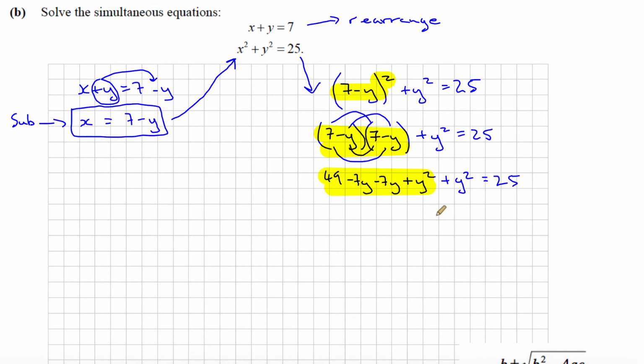So then when we tidy up, we can put the y squared and the y squared together. That gives me 2y squared. Then we have these two terms here, which can go together. Minus 7y and minus 7y is minus 14y.